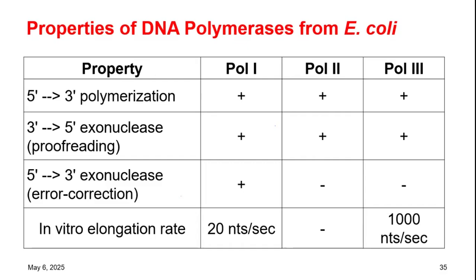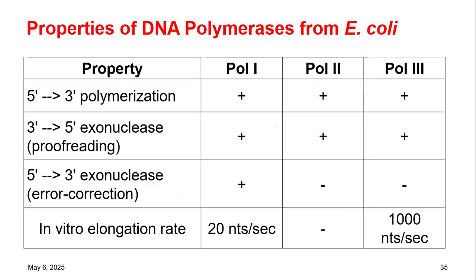And then the in vitro elongation rate is actually 20 nucleotides per second in pol 1 and up to 1000 nucleotides per second in pol 3. So what does that mean? It means that the processivity in polymerase 3 is very high. Imagine adding 1000 nucleotides per second as against adding 20 nucleotides per second in polymerase 1.